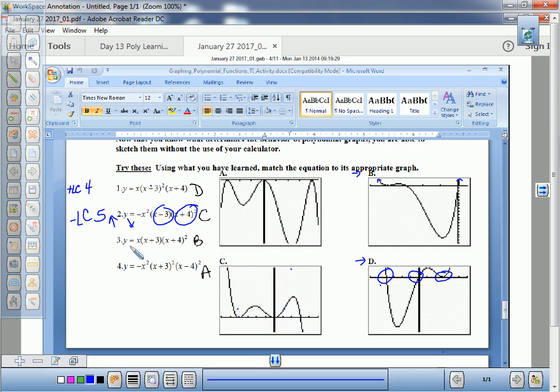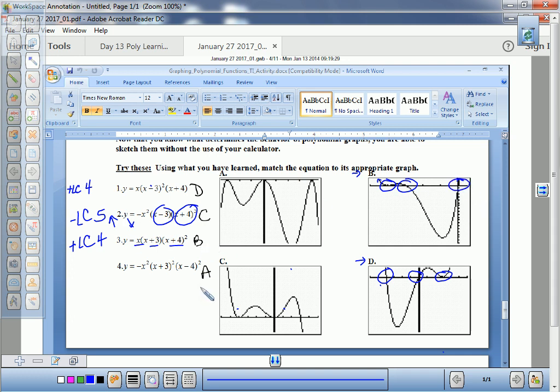Number 3 is B. Once again, we have a 4th degree with a positive leading coefficient, and that was our only other one that rose. But if we look at it, it's going to pass at 0, pass at -3, and bounce at -4. So bounced at -4, passed at -3, passed at 0.